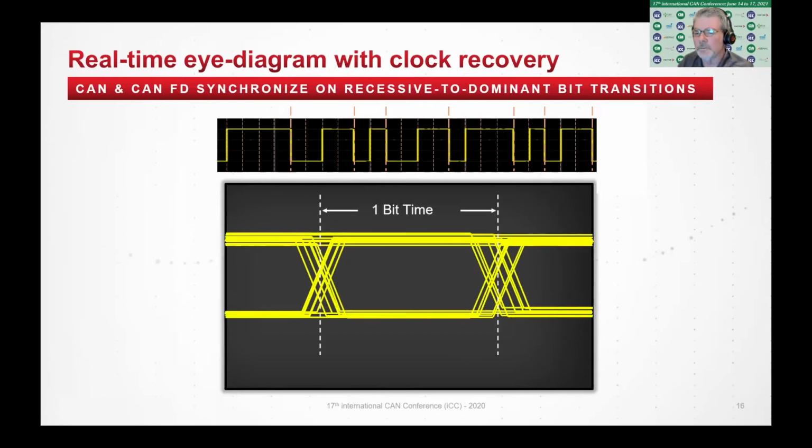And there's your 1 bit time. And what it shows you is jitter, and variations in amplitude. You can apply a pass-fail mask to it, where the sample point typically is somewhere in the middle of the mask. And if the waveform violates the mask, that indicates a failing condition.